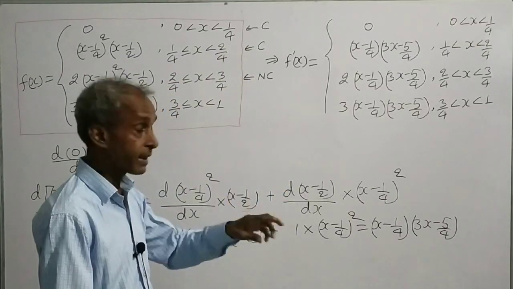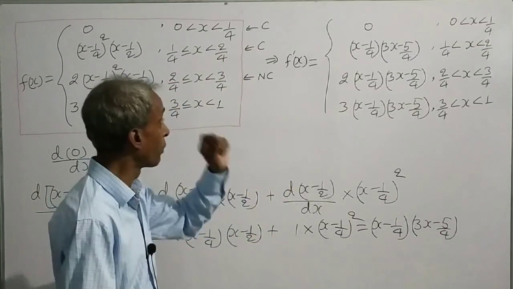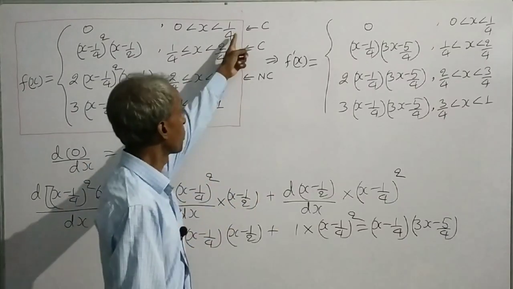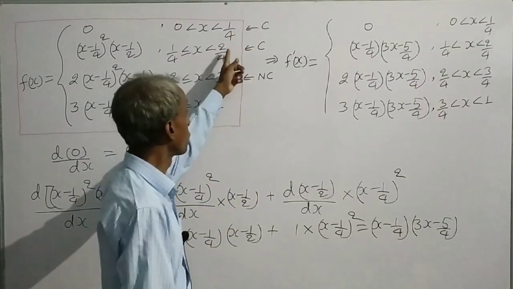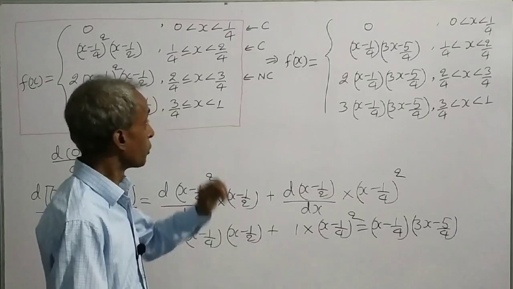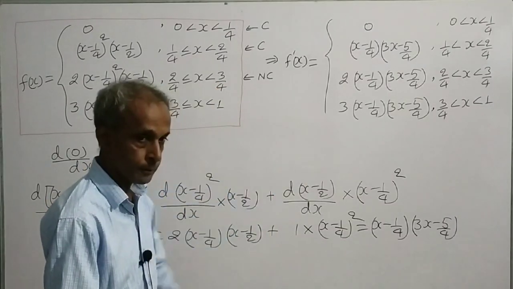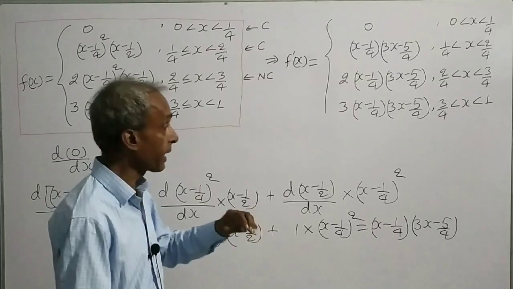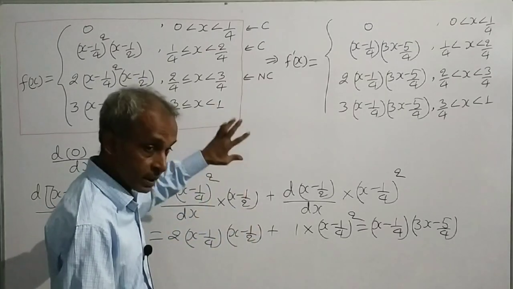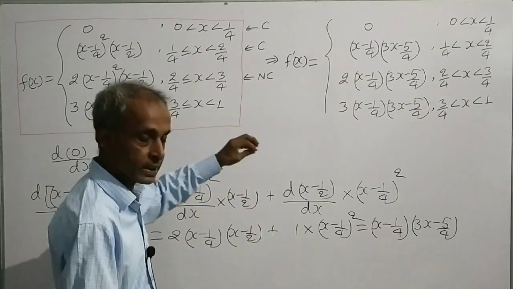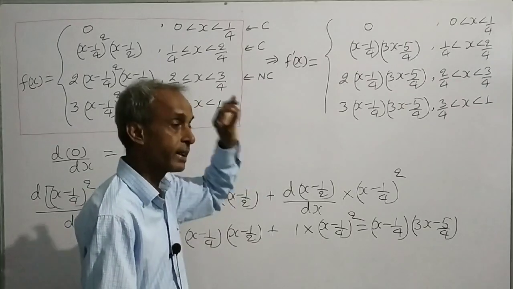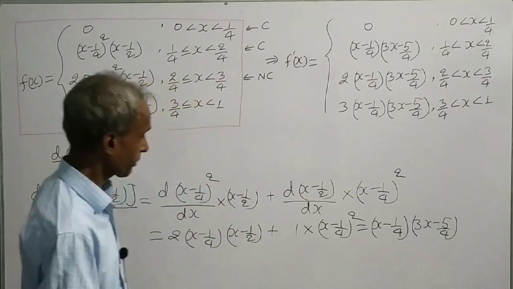We will check its differentiability only at x equal to 1/4 and 2/4. We know that it is not differentiable at 3/4, and we know that except these points, it is differentiable at all points in the domain.